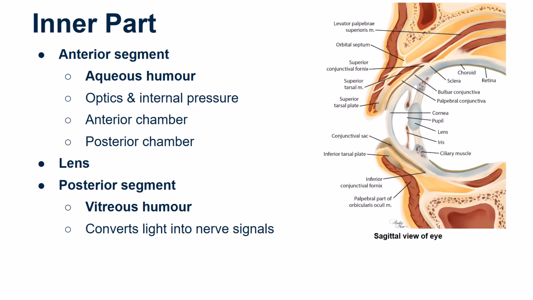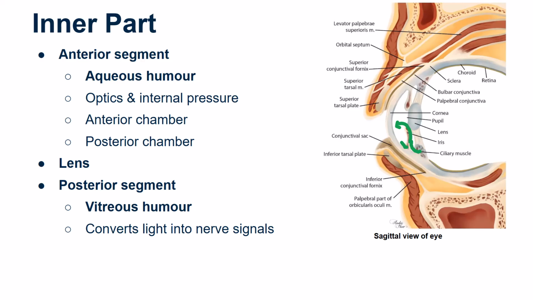The anterior segment is supported by aqueous humor, which has a flow from the ciliary body out through the posterior chamber, through the pupil to the anterior chamber, and then within the anterior chamber there are little canals, the canals of Schlemm, for returning the aqueous humor.